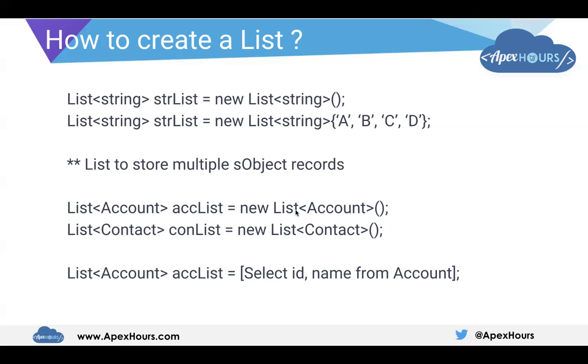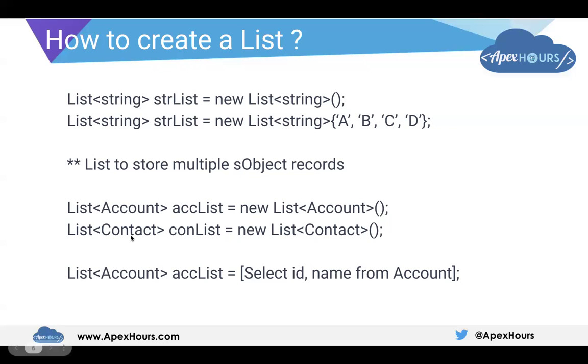This syntax will create an empty list which can hold the account records. This ACC list cannot hold only strings, right? This ACC list cannot store A, B, C, D. No, this ACC list is only meant to hold the account records.